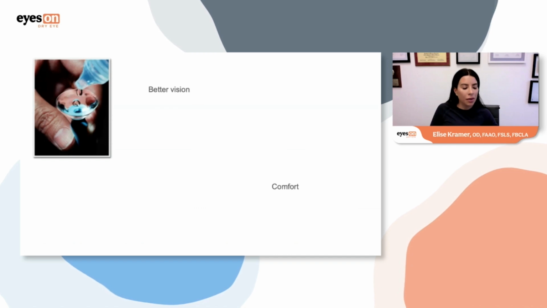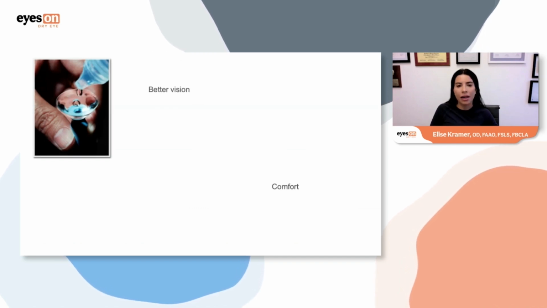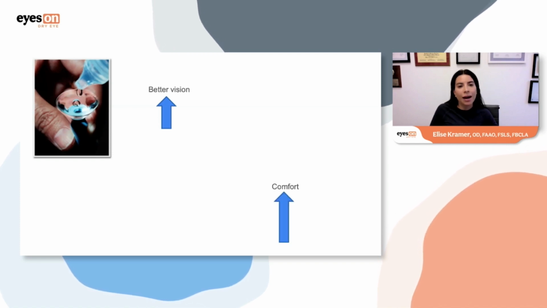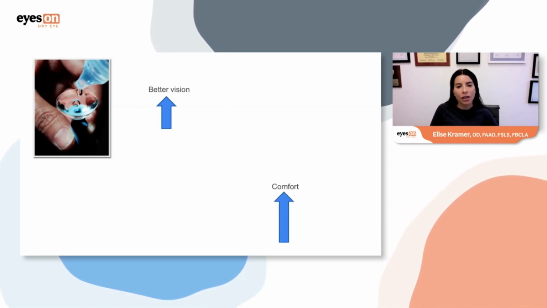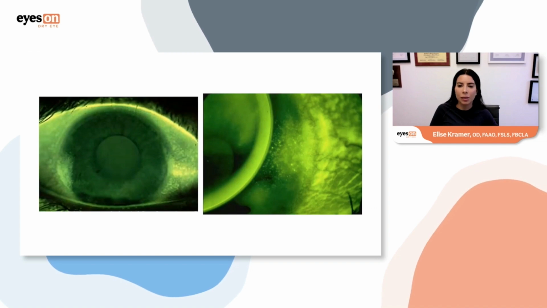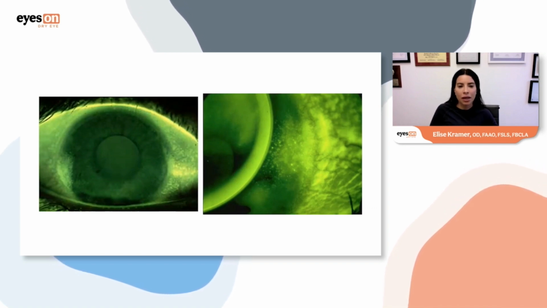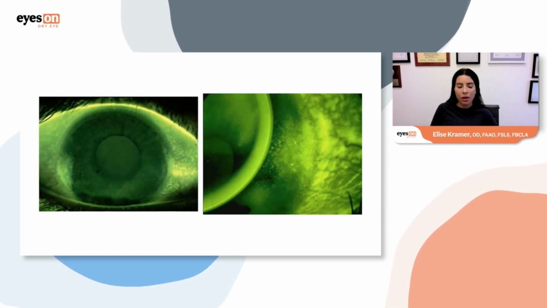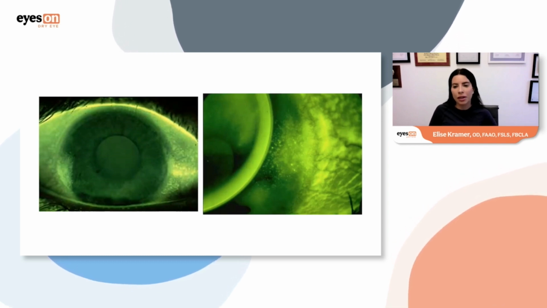So we know that scleral lenses can provide improved vision, improved comfort, and are absolutely indicated for ocular surface disease. They're actually superior for ocular surface disease than rigid gas permeable lenses, which can help correct vision significantly, but can also cause complications such as in these photos, you can see the 3 and 9 o'clock staining, which when a scleral lens is appropriately fit, you will not see at all.